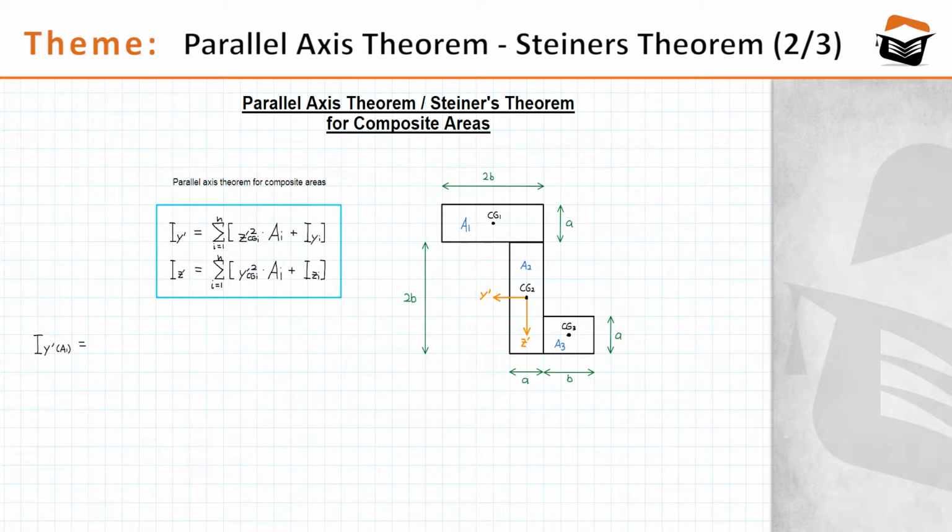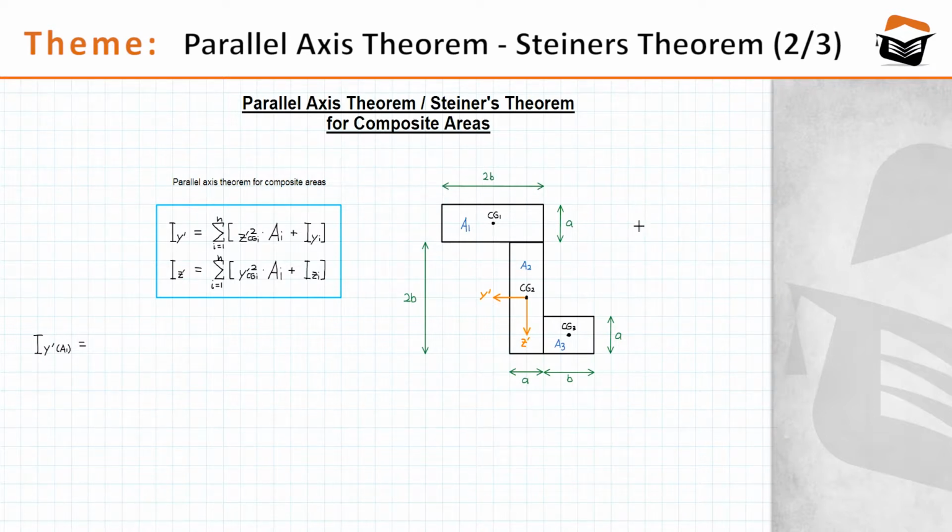So z' sub cg, as I said, that's the difference along the z' axis between the centroid of the first partial rectangle and the centroid of the second partial rectangle, or the y' axis, because the y' axis intersects with the centroid of the second partial rectangle. And that distance needs to be determined so that we can plug it into the formula.